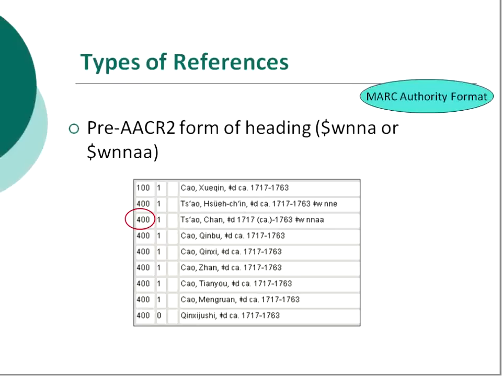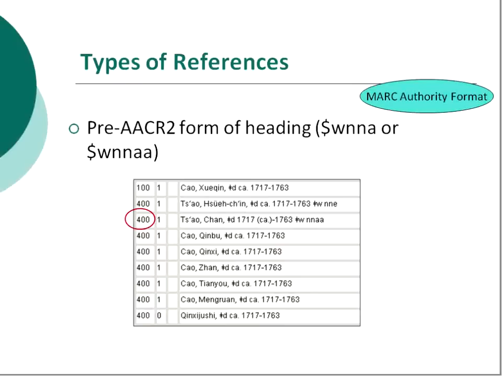A special type of 400 reference is the pre-AACR2 form of a heading, and they are usually coded under WNNA or WNNAA. Now, these are the headings that were authorized in the name authority file at the time of the changeover to the AACR2.